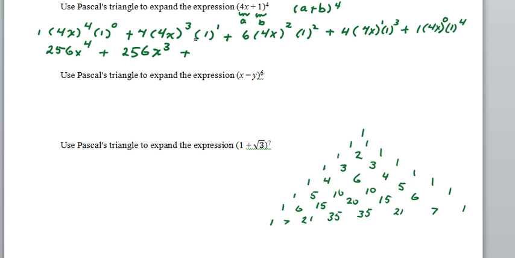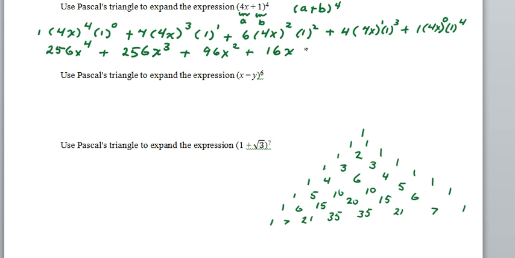Plus 4x squared gives 16x squared. 16 times 6 is equal to 96. So we get 96x squared, plus 4x times 4 is 16x.